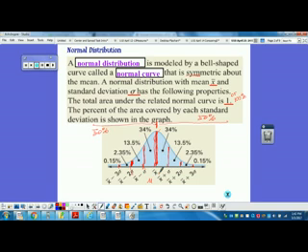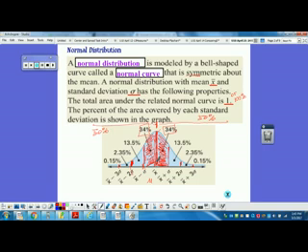If I look at just a section, if I go to the mean plus a standard deviation, that is reflected by this area right here. Between the mean and 1 standard deviation above the mean, 34% of the data exists. If I go the other way, between the mean and 1 standard deviation below the mean, likewise, 34% of the data must exist.